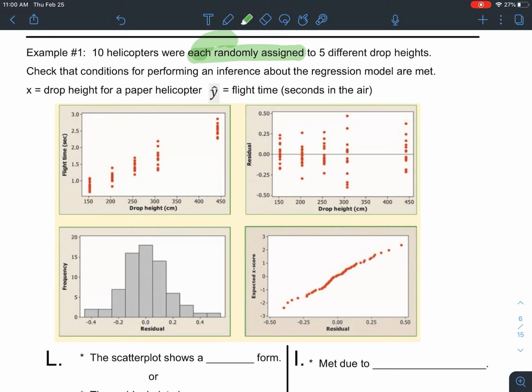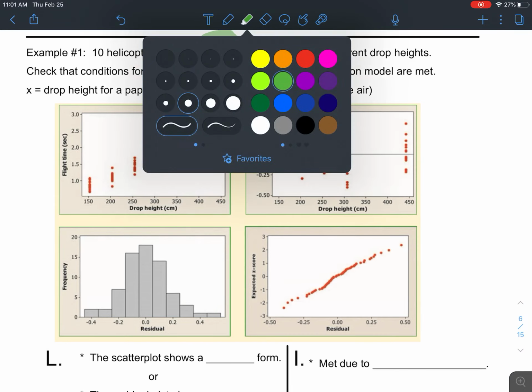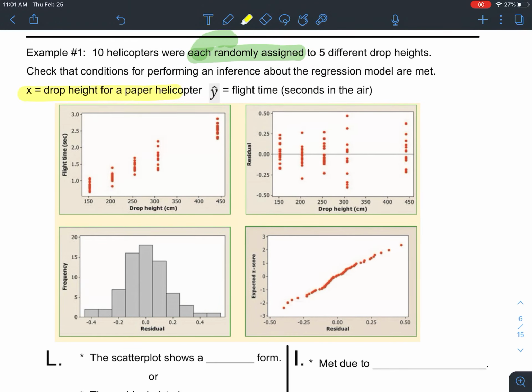So we're really working with 50 paper helicopters, and we randomly assign 10 to 5 different drop heights. You can see here are the 5 different drop heights, and there are 10 dots above each one. What they're measuring is how long the flight time is. How long is it staying in the air in seconds before it hits the ground? So our 2 variables here are the x, the drop height, and the predicted y variable, the flight time.